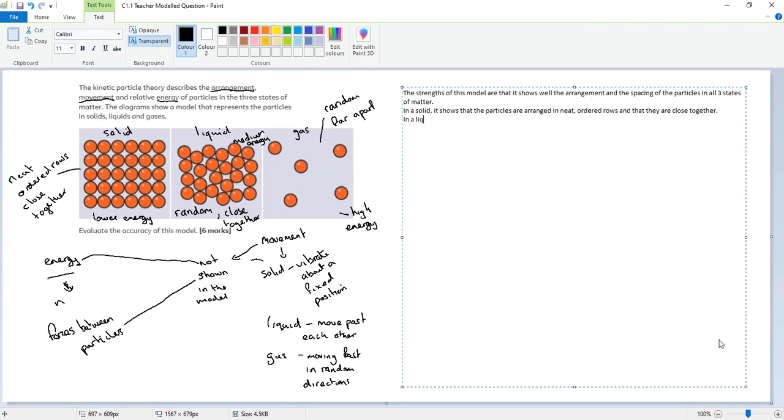In a liquid, the model shows that the particles are in a random arrangement but still close together.